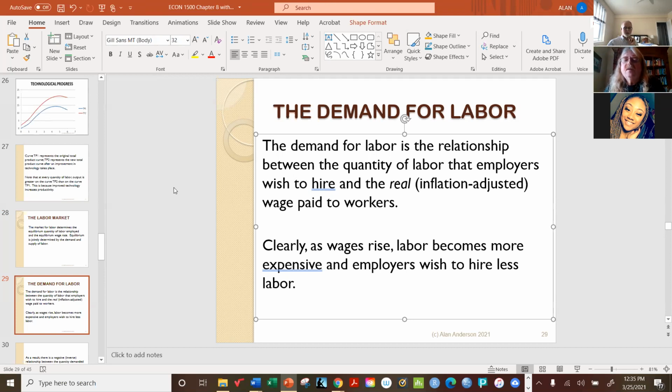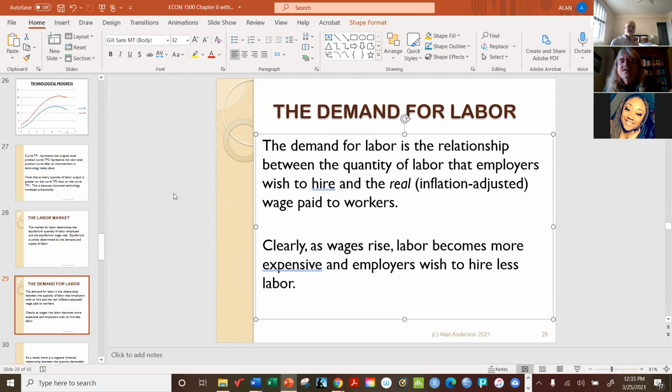Now, labor, of course, is necessary to produce products, but obviously there's different kinds of labor. We're going to make a very simplifying assumption here that there's just one type of labor and there's one wage for all labor. Obviously, this is not true, but if we want to make distinctions between different types of labor, we can certainly create demand curves and supply curves for different types of labor as well. So here, let's just assume there's one type of labor and that's it.